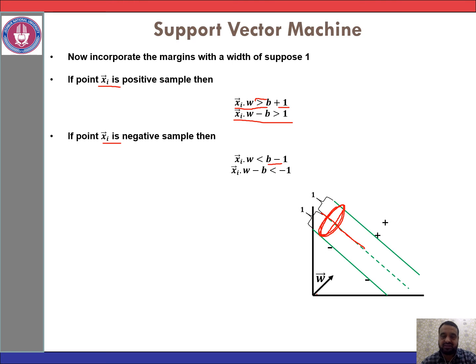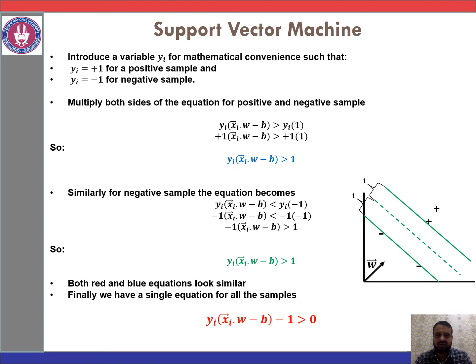We take this b again to the left side, and it will now be xi dot w minus b is less than minus 1 for the negative sample. So this is the new decision rule for the negative sample, and this is the new decision rule for the positive sample.